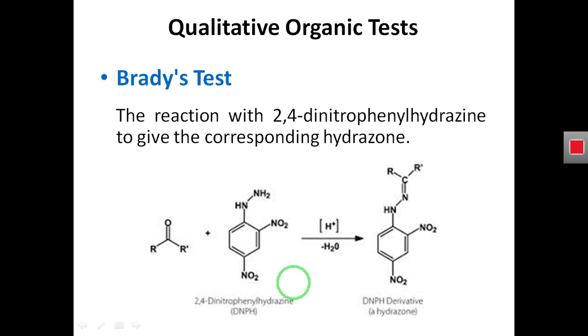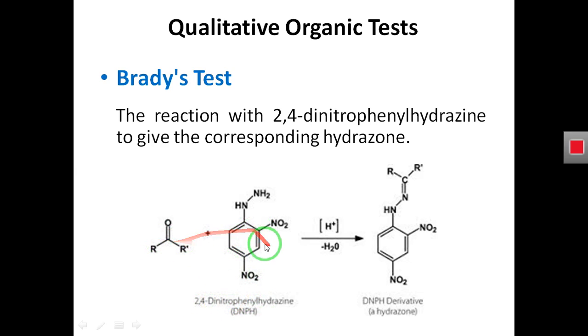So other qualitative tests that are used in the laboratory for the identification of a ketone are Brady's test. In this test, we react ketone with 2,4-dinitrophenyl hydrazine. It is a reagent.